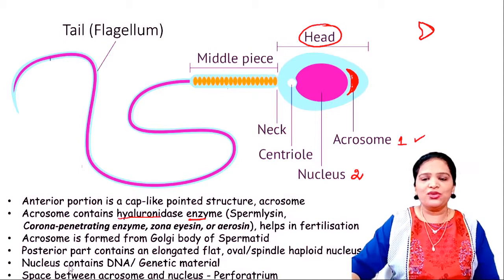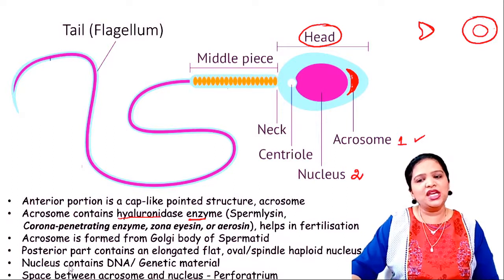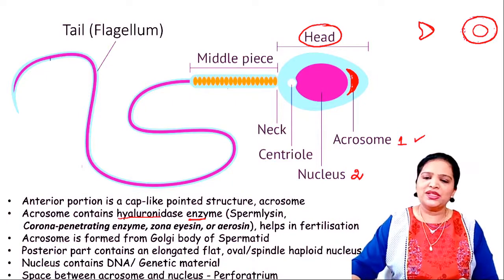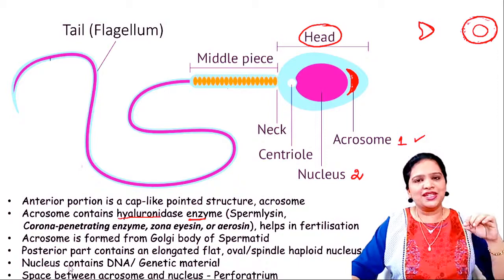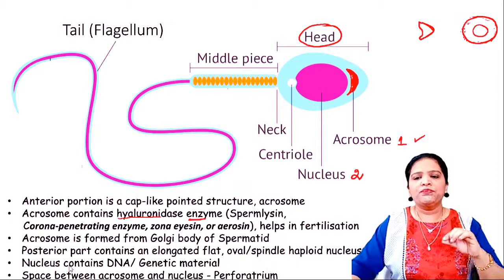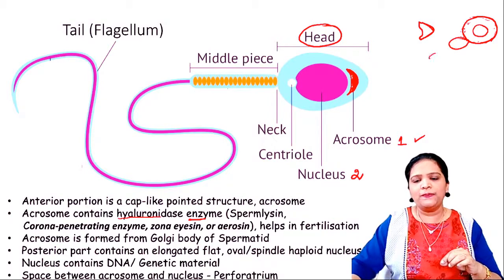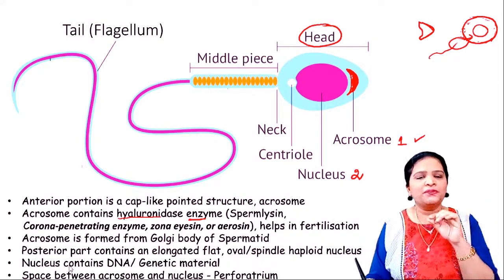What is hyaluronidase? Suppose this is the zona pellucida, that means the ovum. The ovum has three layers, which we will study in the structure of the ovum. The outer layer is a thick shell, so the sperm has to penetrate the outer layer, the zona pellucida of the egg.